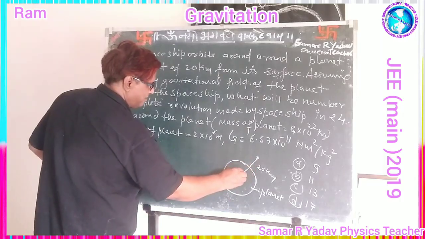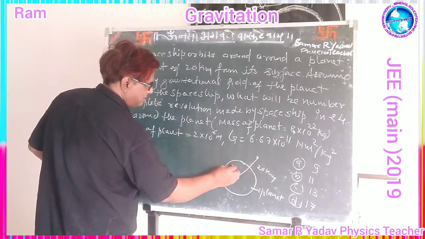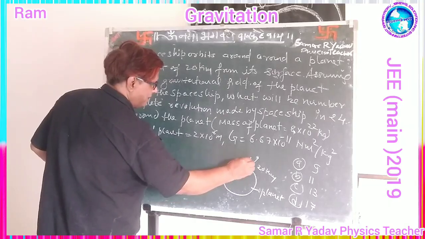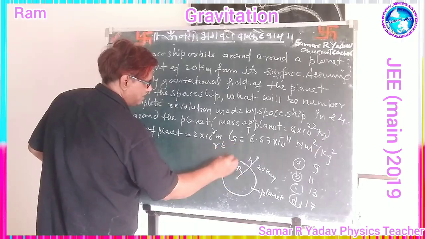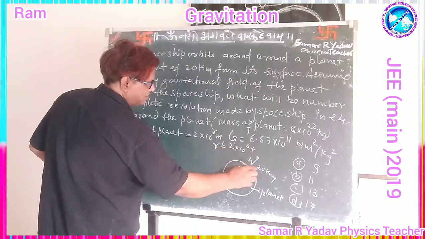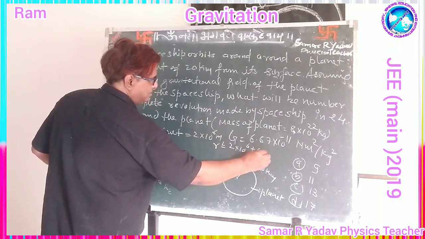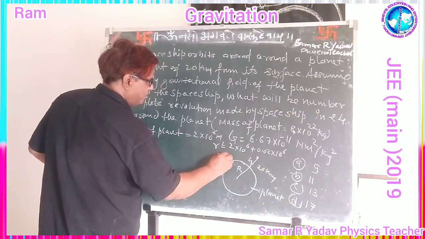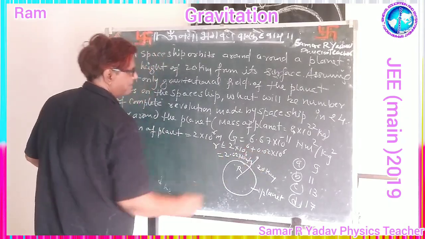From the center, the distance is capital R, and this is H. Therefore R is equal to 2 into 10 power 6 plus 20 km, which means 0.02 into 10 power 6. Simplifying, you get 2.02 into 10 power 6 meter.